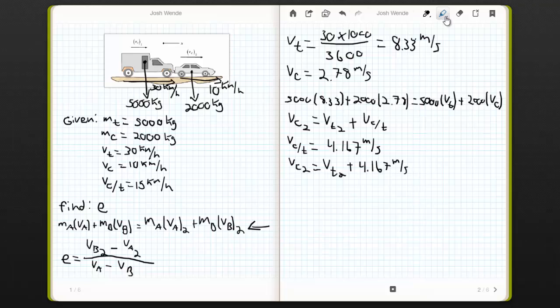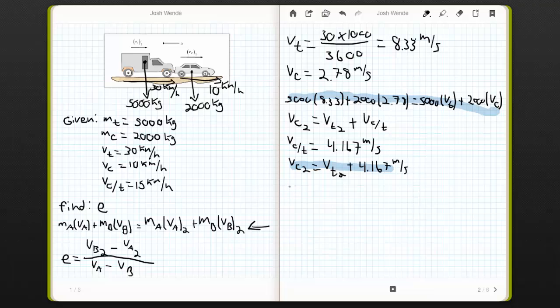So now we have some important equations. We have this one here and this one here. These are the two equations we're going to need for solving for the final velocity of the truck and of the car. We have two equations, two unknowns. I'm not going to write all of it out because I don't think I can fit it across this page.